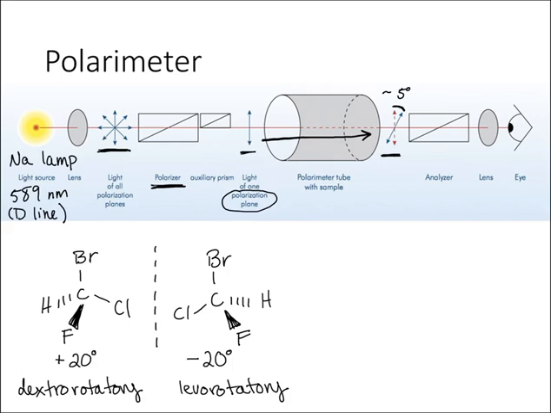Now, there is no connection between R and S and positive and negative. You might have one R molecule that is dextrorotatory, and then you might have a completely different molecule that's also R, and it can be levorotatory. So R and S has nothing really to do with whether a molecule rotates light positively or negatively.